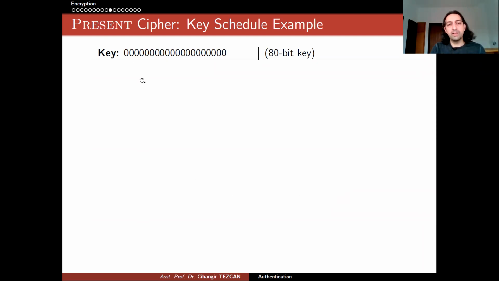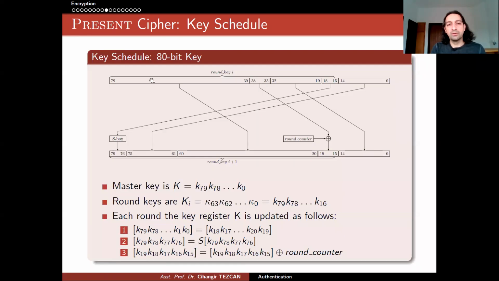Assume that I chose my 80-bit secret key in hexadecimal as all zeros. So I write all zeros here. Then the leftmost 64 bits, which is again all 0, will be my initial round key. Then I perform these operations.